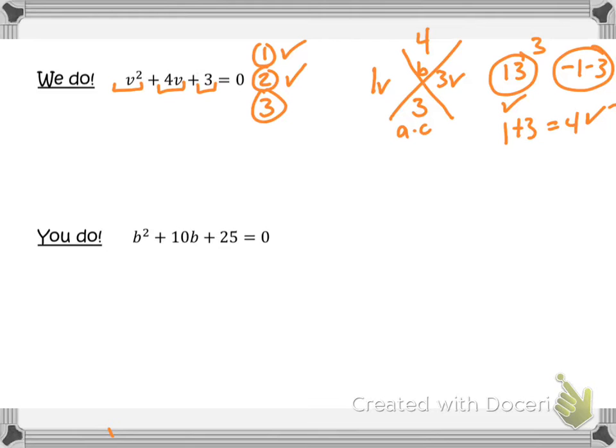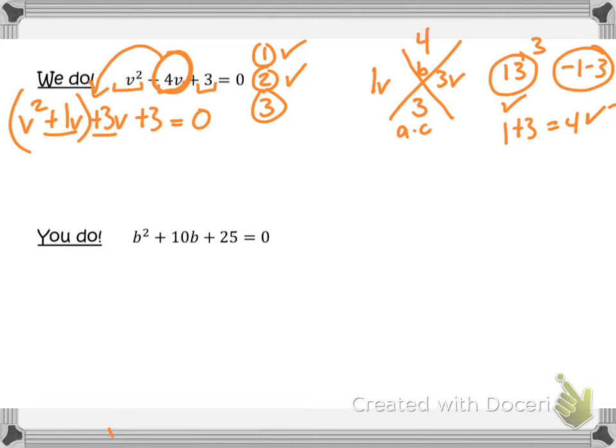So here I'm going to rewrite this as V squared plus, let's do 1V plus 3V plus 3 is equal to 0. Right, so I basically split up this 4V into two terms. 1 plus 3, which is the same as 4. Now we're going to go ahead and do step 4, factor by grouping.